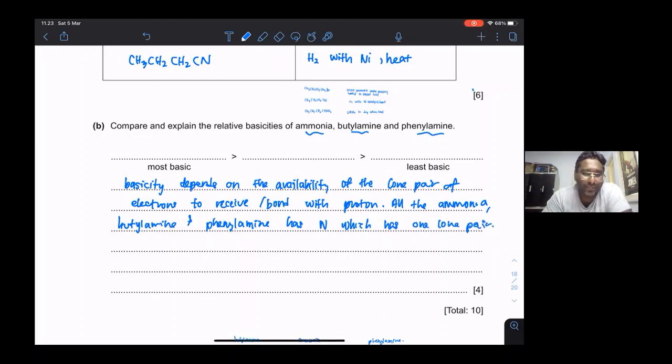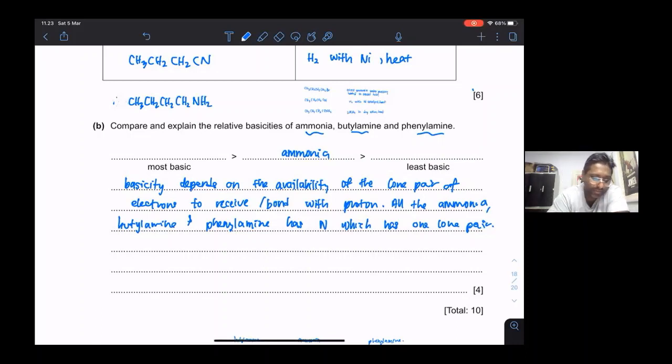If you look at ammonia, ammonia will be in the middle. Butylamine is going to be C4, or just CH3, CH2, CH2, CH2, then NH2. So this is butylamine.